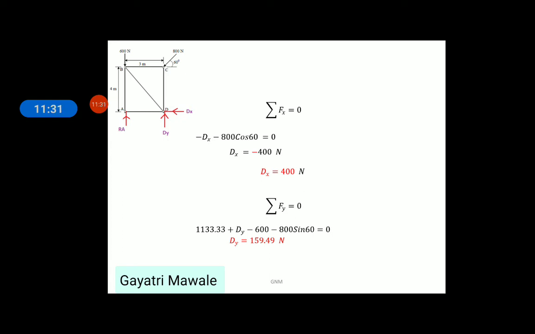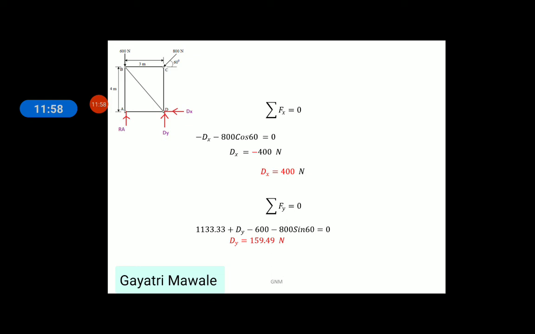To find out forces in all members of the truss, the next step is to draw FBD of a joint of this truss such that in that FBD there will be only two unknown forces. If we start with D joint, then for D joint dx and dy are known, but forces in three members are unknown.